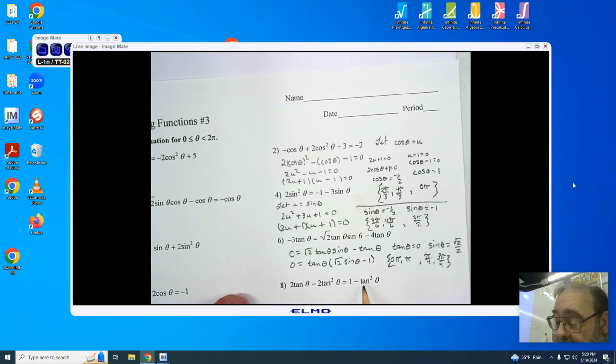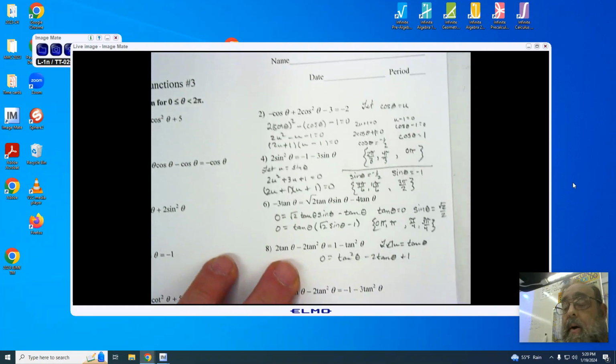Now in number 8, let's go ahead and add 2 tangent squared theta, so that I end up having 0 equals tangent squared theta minus 2 tangent theta plus 1, and I'm going to let u equal tangent of theta. Once again, that's my dummy variable.